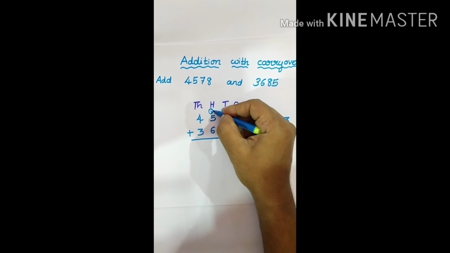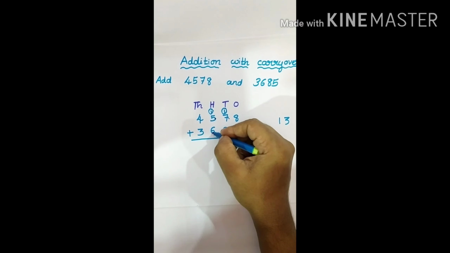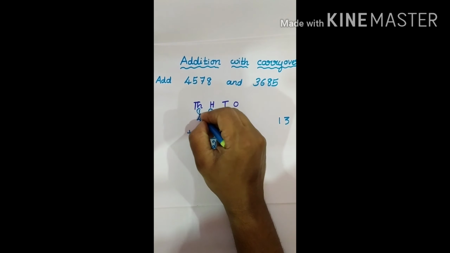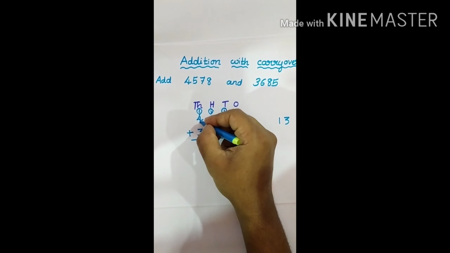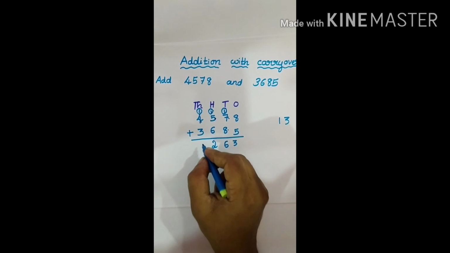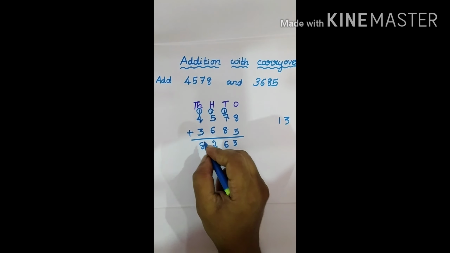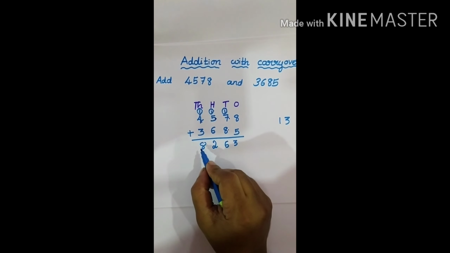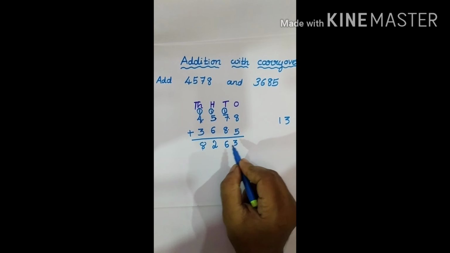Next, 1 plus 5 is equal to 6. 6 plus 6 is equal to 12. 2, carry over 1. 1 plus 4 is equal to 5. 5 plus 3 is equal to 8. So, the answer is 8263.